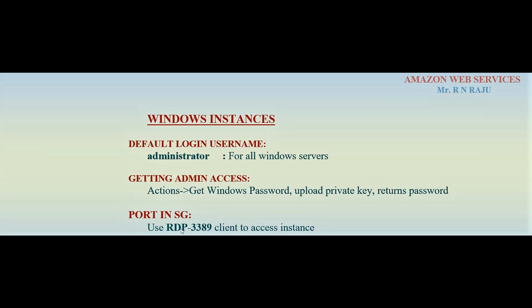So what is RDP? Remote Desktop Protocol. This protocol is used to connect to remote Windows servers. So that port number you should attach in the security group. Then 3389 is allowed. Allowed means yes, the user can access the instance over the RDP protocol.